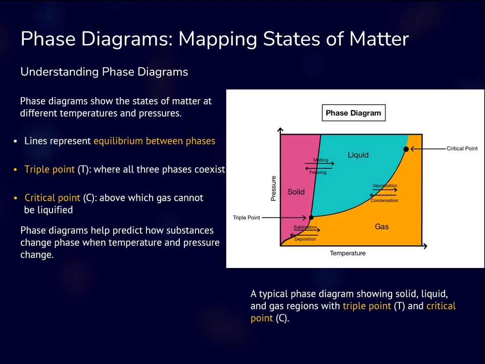There's the triple point, which is represented by T, where solid, liquid, and gas coexist in perfect equilibrium. And then there's the critical point, C. Above this temperature and pressure, a gas can no longer be turned into a liquid, no matter how much pressure you apply. Phase diagrams show us how substances respond to changes in temperature and pressure and help predict phase transitions.